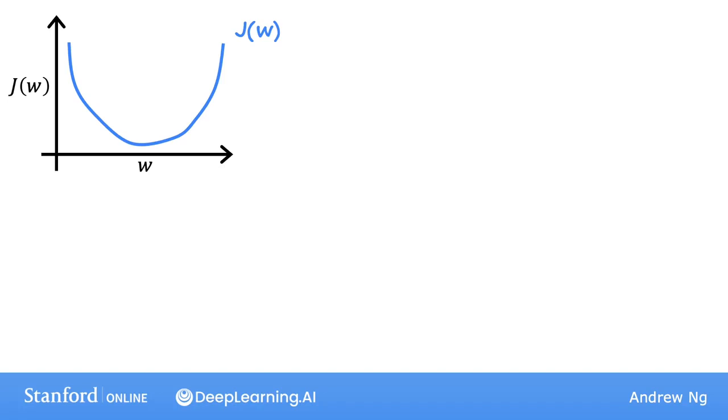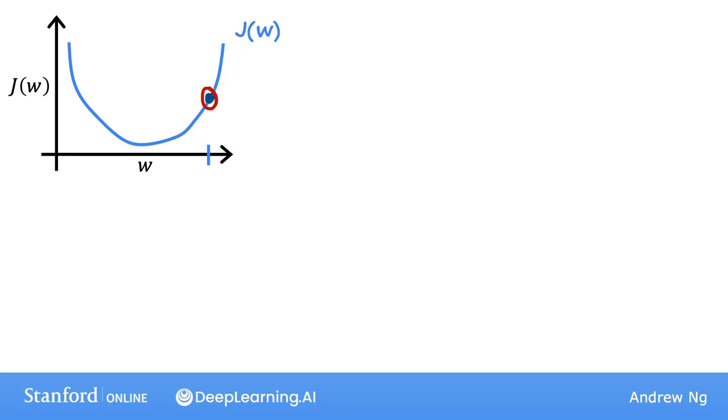Here on the horizontal axis is parameter w, and on the vertical axis is the cost j of w. Now let's initialize gradient descent with some starting value for w. Let's initialize it at this location. So imagine that you start off at this point right here on the function j.